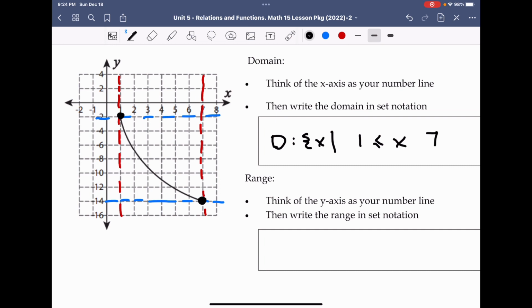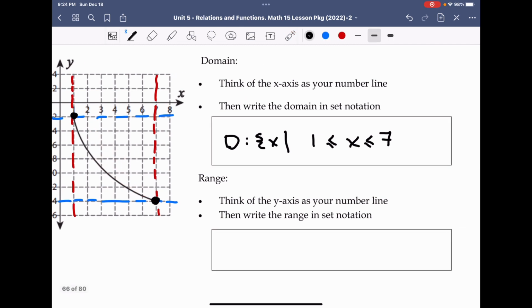But once it's at that 7, it must be less than or equal to that 7 because all the x values are then less. So we kind of get that push-pull action that I was talking about, where if we know the function is contained here, it has to be greater than 1, but then also less than 7. And once we know it's in this interval, x can be anything in the real plane, or the reals.